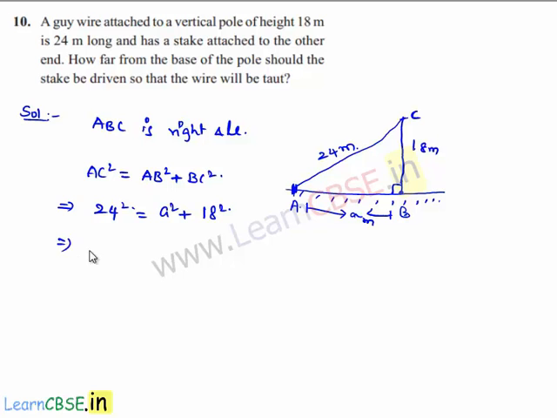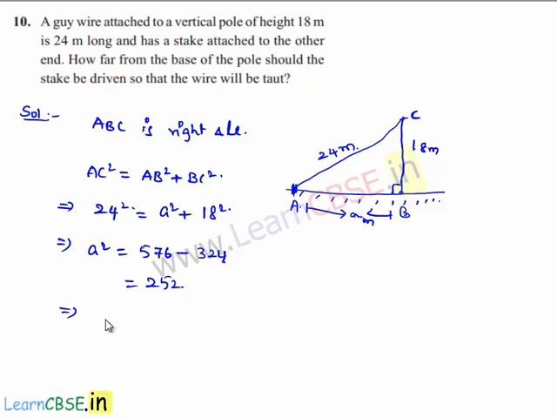That implies a square is equal to 24 square, which is 576, minus 18 square, which is 324. Finally we get a square is equal to 252.